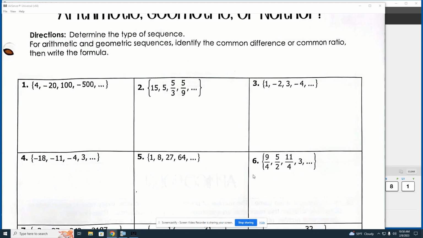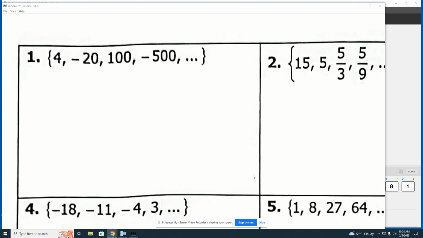So if I look at number 1, what do you notice about our pattern here? Isn't it going back and forth from positive to negative, positive to negative? Can arithmetic sequences do that? No, because think about it. You're either adding the same number every time, or you're subtracting the same number every time. If you're adding or subtracting the same number, can it go positive, negative, positive, negative?